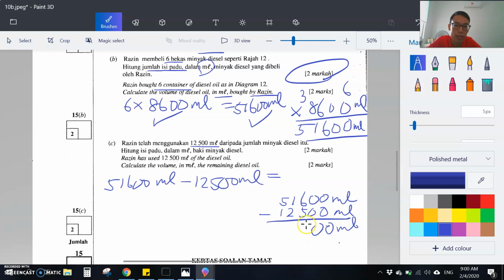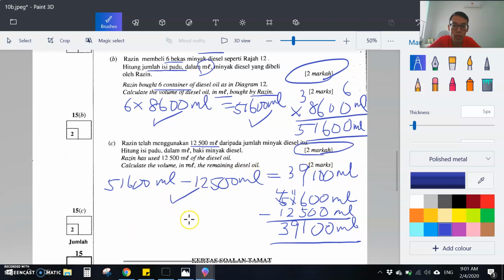Okay, so you minus, minus, minus. This one you plus 10. This one you minus 1. So you get 39,100 ml. Okay, so 2 marks, 1 mark for your number sentence, 1 mark for your answer with ml.